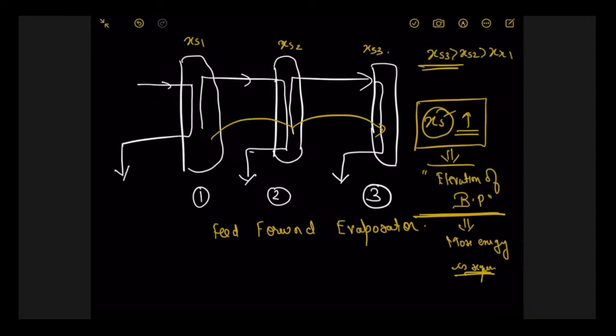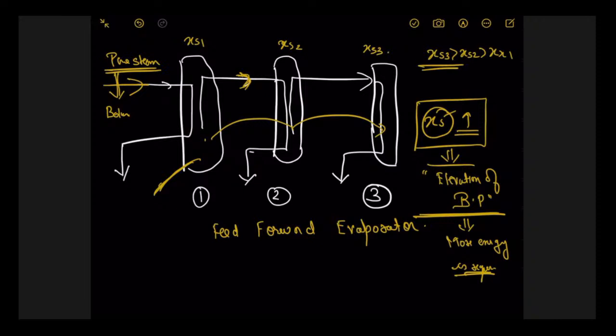But the steam quality in the first one is the highest, because here we are getting pure steam. Why do we call it pure steam? Because it is directly coming from the boiler. But in the second evaporator, the steam is generated in the first evaporator, so it is not pure. It has some impurities.